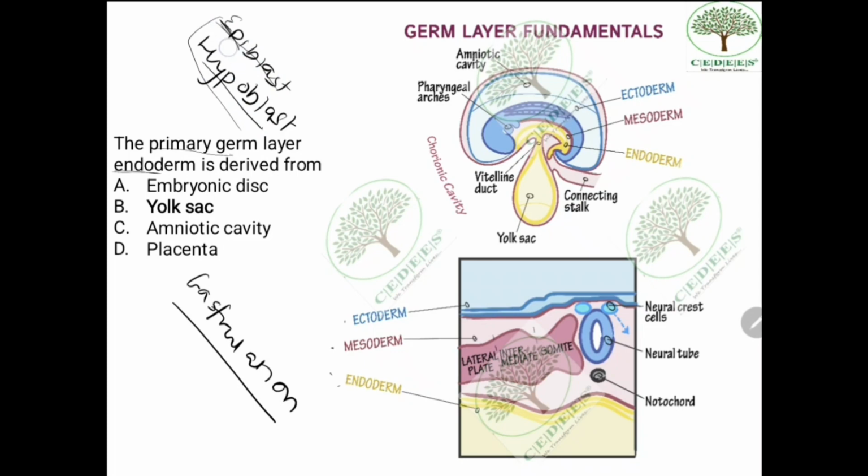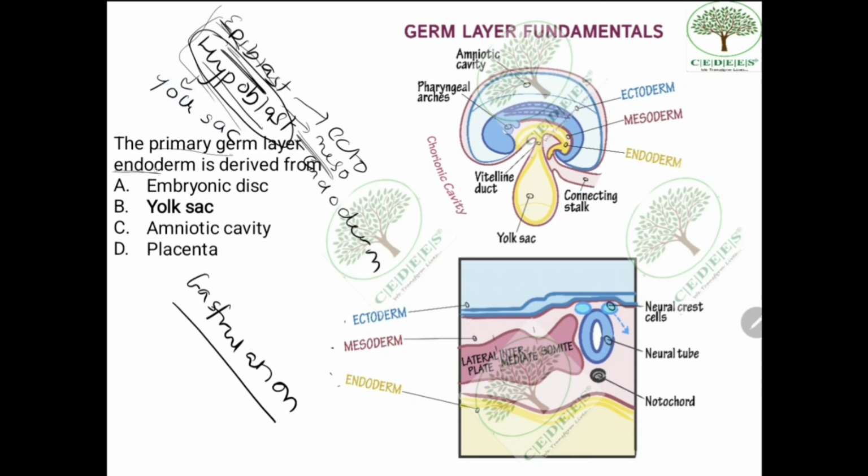The epiblast later forms the ectoderm, the hypoblast forms the endoderm, and between the two the mesoderm is formed. This was also asked to me, that's why I'm mentioning it. This hypoblast is basically our yolk sac.